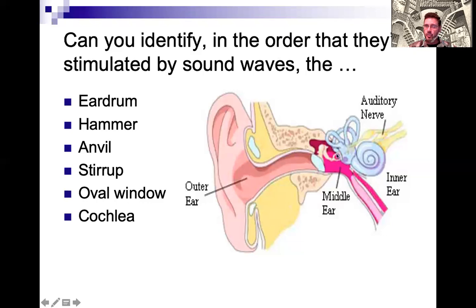This little U-shaped tiny bone here is then made to wiggle, passing the vibration onto the oval window of the cochlea. The stirrup is hooked to the oval window of this bone structure. It's this snail-shaped bone structure called the cochlea.